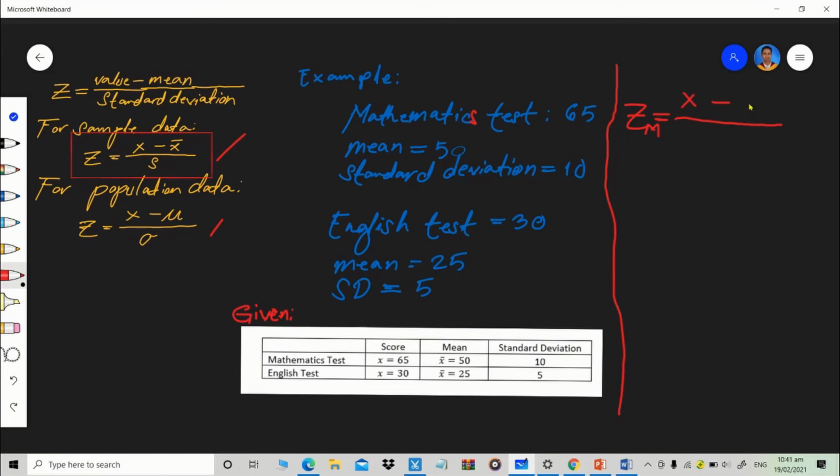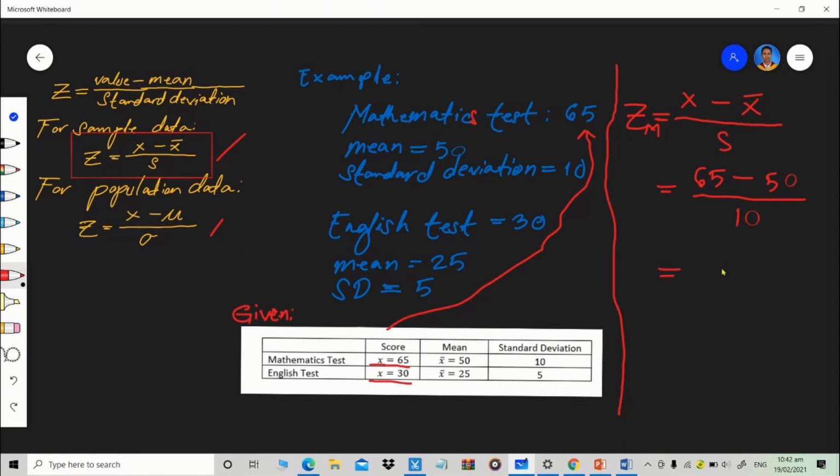Okay? X minus x bar over s. So, yung score niya sa mathematics is 65. Ayan o, itong given natin. So, itong given is nagmula rin dito. Minus yung mean ng mathematics test, that is 50, over yung standard deviation ng mathematics test score, so that is 10.